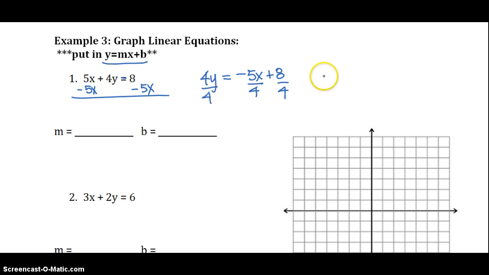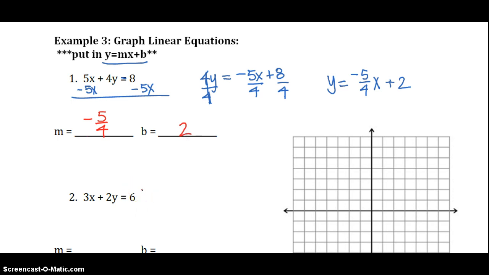So our final equation for number 1, y equals, because that becomes a 1, -5 over 4, that's my slope, x, plus, hey, 4 goes into 8 evenly, it goes 2. So what was my slope? -5/4. What's my b? 2.